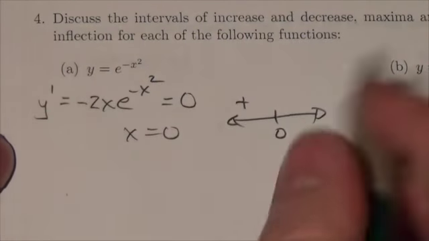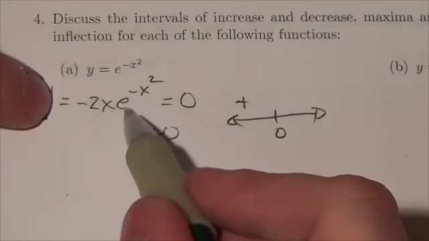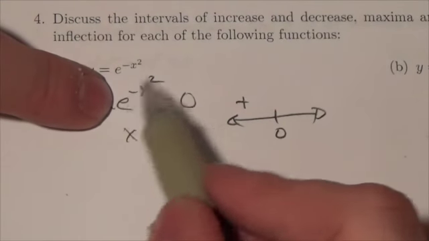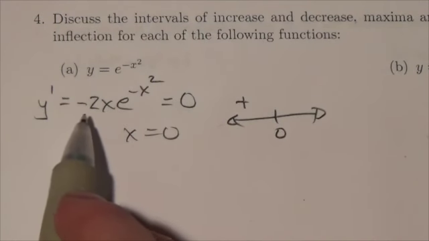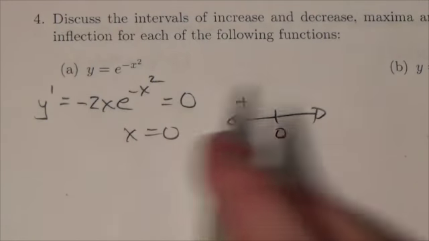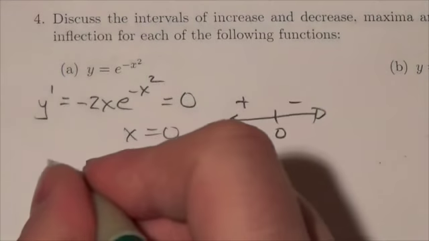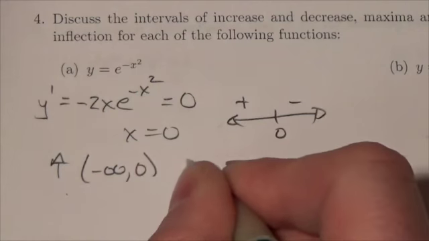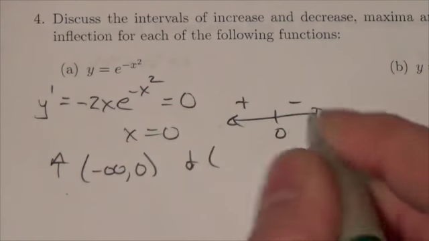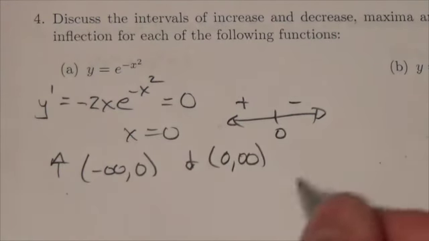So it's going to be positive here. And if you plug a positive value for x in, again, the exponential function is not doing much here, but the negative 2 times a positive will make this negative. So this is going to be increasing on the interval negative infinity to 0, and it will be decreasing on the interval 0 out to positive infinity.